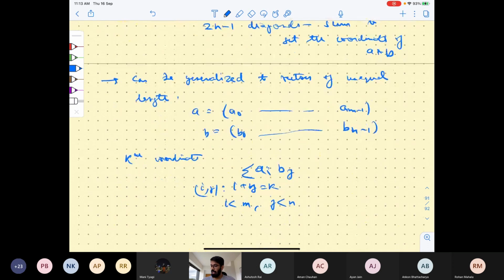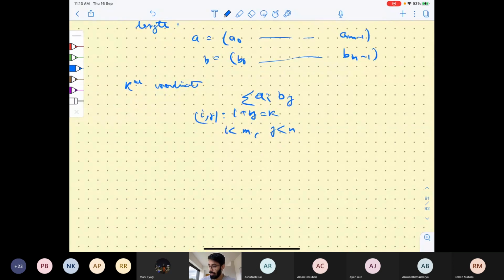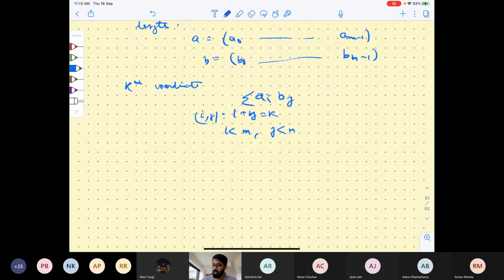There are some applications, actually very important applications, but at first glance it might not seem very intuitive why we are doing it this way, or what is the purpose of finding a convolution, or summing the products in this way where the coordinates sum to a certain number. So let's look at some applications.